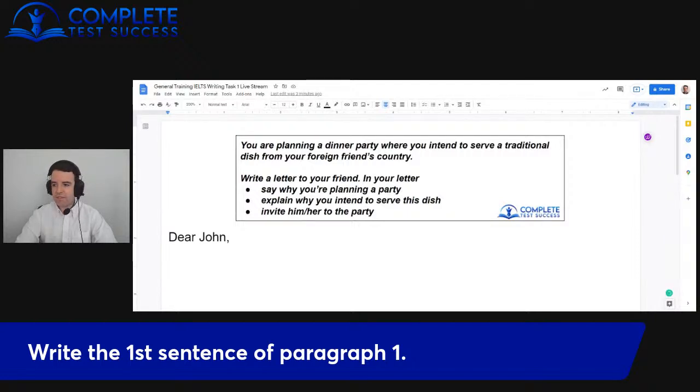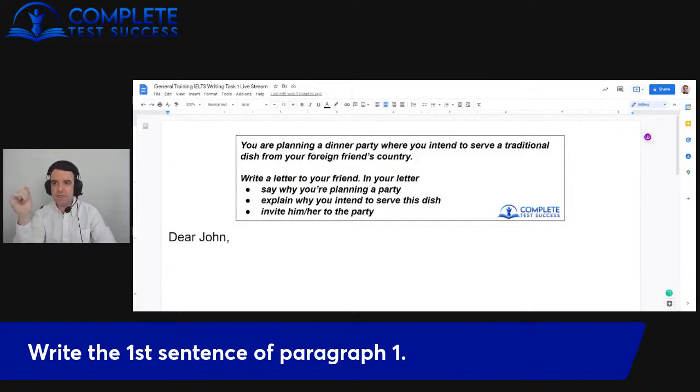Now, I know a lot of IELTS instructors will tell you to start with, like it's been a long time since we've last spoken, or phrases like that, but they don't really add to your score. What you need to do for your score is do what it says on the screen, do what it says in the question.